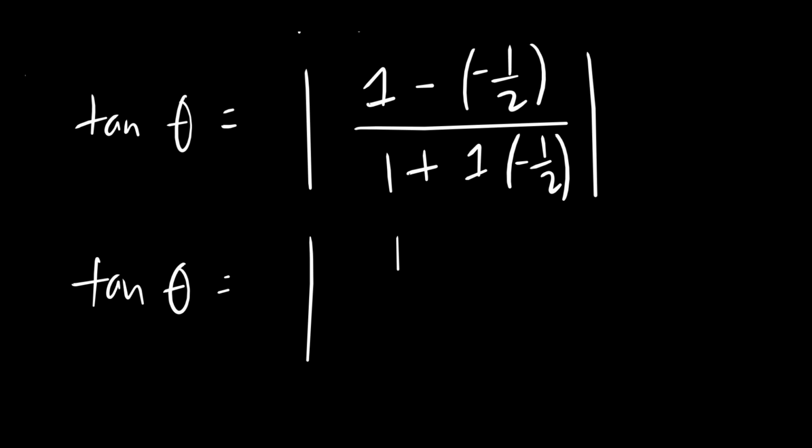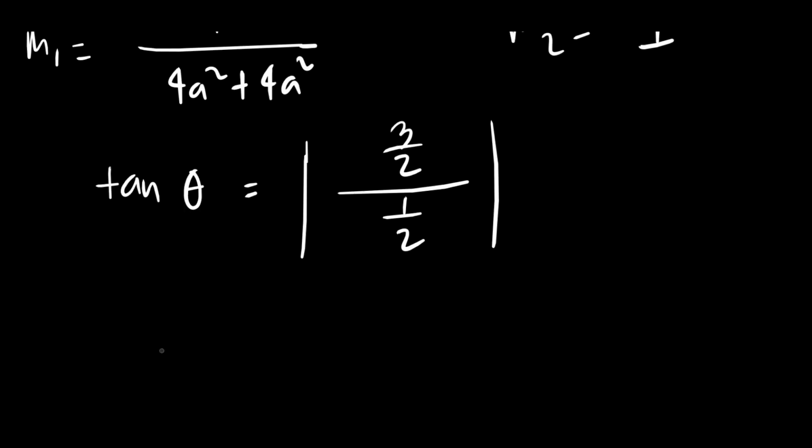By simplification, what is 1 plus 1 half? It is 3 halves, so we'll write 3 halves all over, 1 minus 1 half, which is just equal to 1 half. We will further simplify: tan theta equals 3 halves all over 1 half.